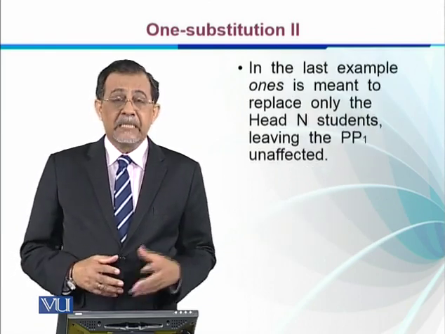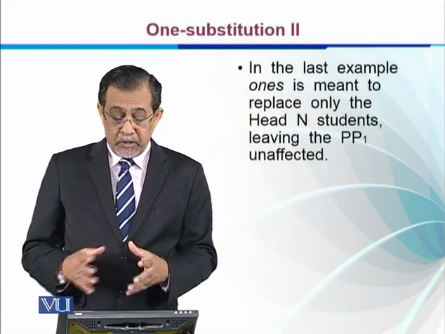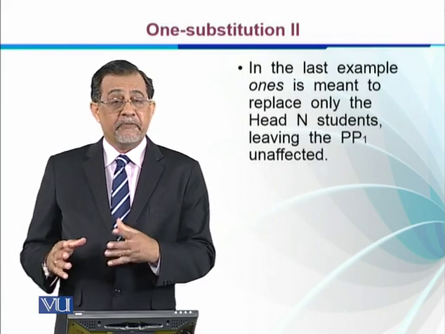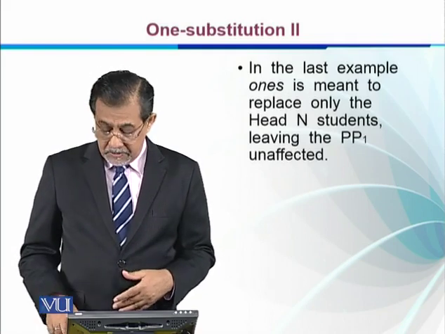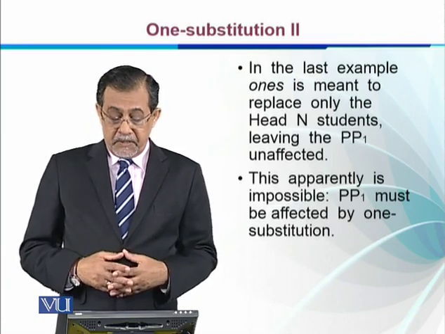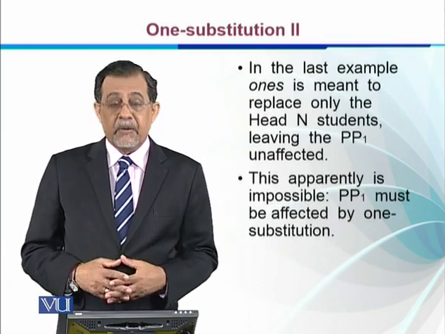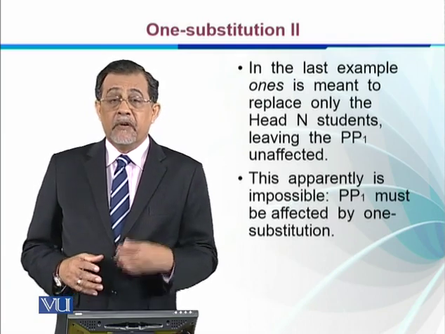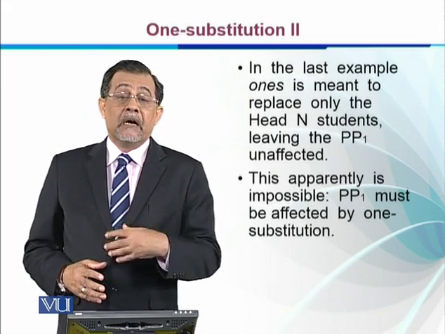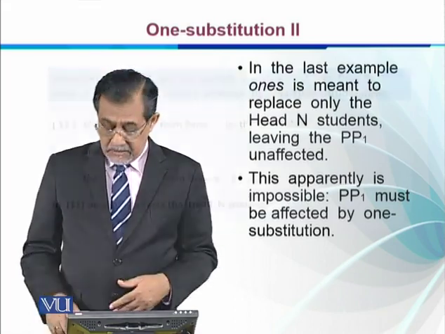In the last example, one is meant to replace only the head, that is student, leaving the prepositional phrase from Athens. This apparently is impossible because prepositional phrase 1 must be affected by one substitution, whereas it is not being included when we substitute it with ones.